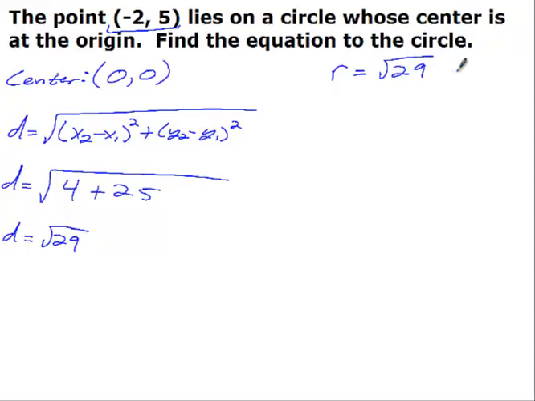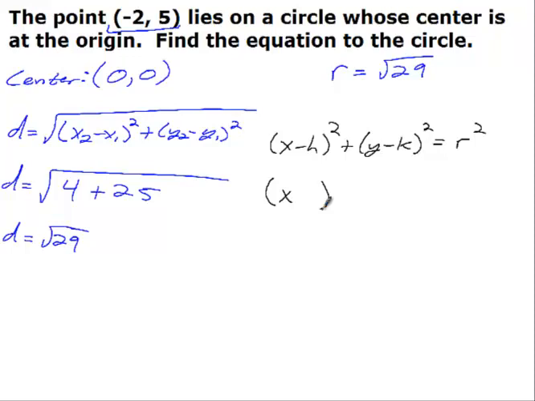Okay, so how am I going to finish this off? Well, they want me to write the equation of a circle. So what's our regular equation for a circle? X minus h squared plus y minus k squared equals r squared. Gesundheit. Everybody all right with that? Yeah? Okay, what's h stand for again? X-coordinate to the what?